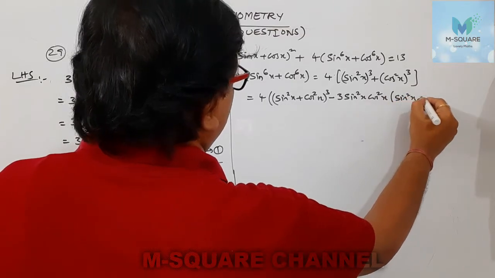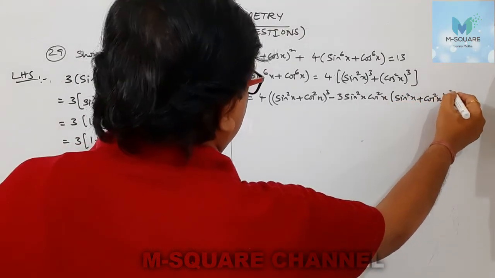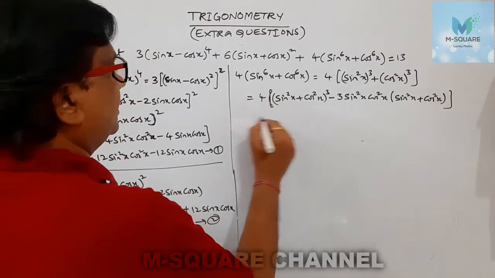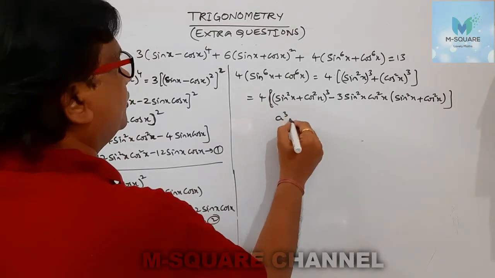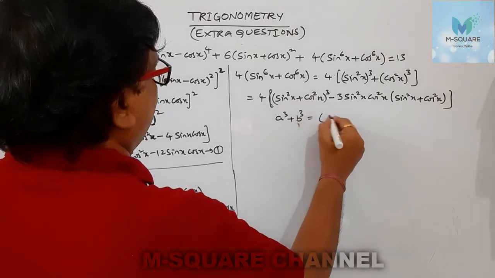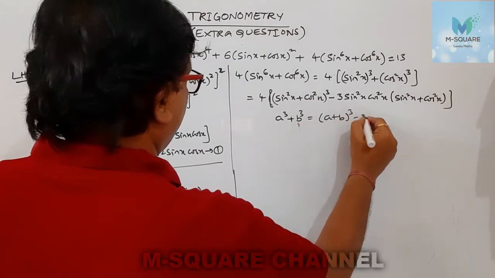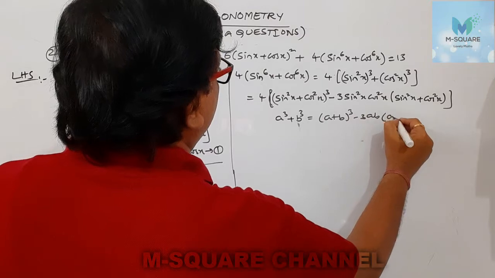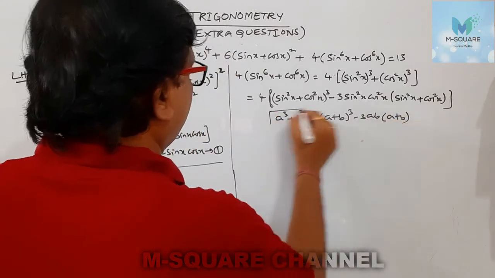So here I am using the a cube plus b cube formula: a plus b whole cube minus 3ab into a plus b.